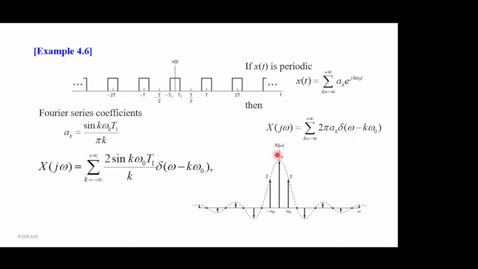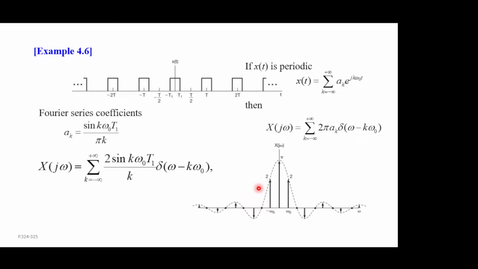We see that this big X of j omega for this periodic function samples from this envelope, like think of an envelope here. But it's a little different, because it's actually a delta function. So those go to infinity, but with the area being this a_k, okay, 2 pi a_k.